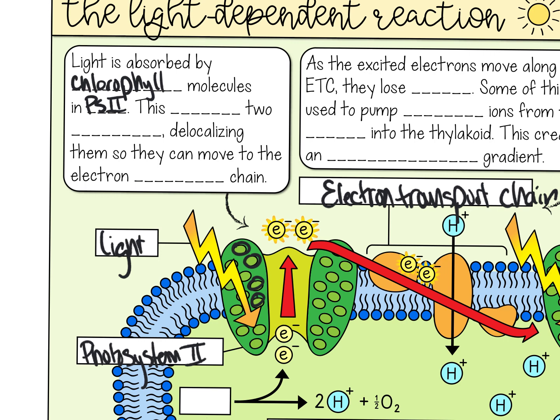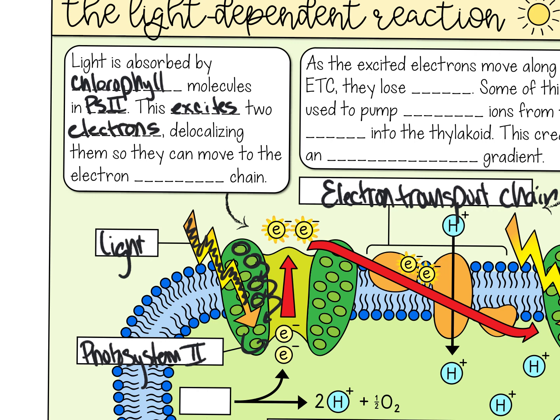And what this does is, I'm going to draw the light here, when this light hits those chlorophylls, that light energy bounces through. And what it ends up doing is that it excites electrons. In fact, it excites 2 of them, okay?